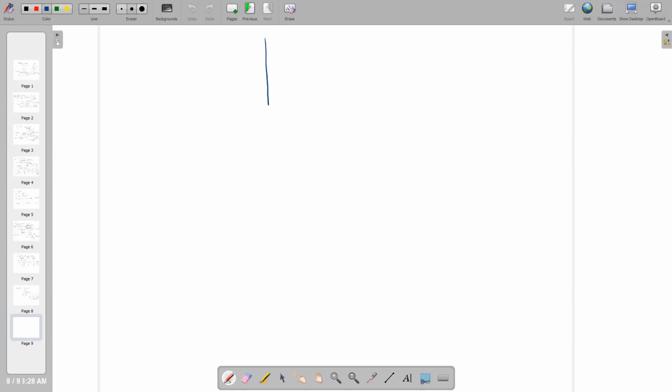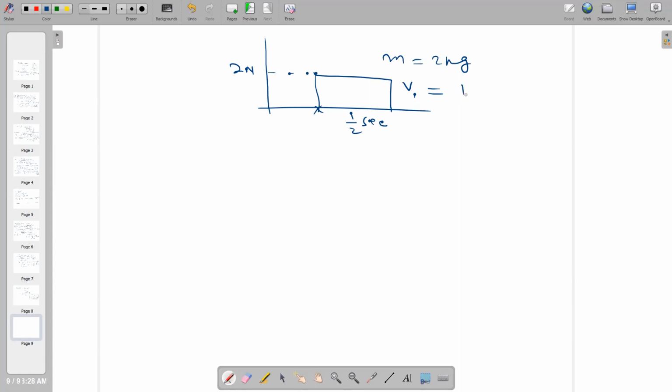This diagram is given, and the duration is 1/2 second and the force is 2 Newton. Here the mass is given as 2 kg, and the velocity V1 at this point is given as 1 meter per second.